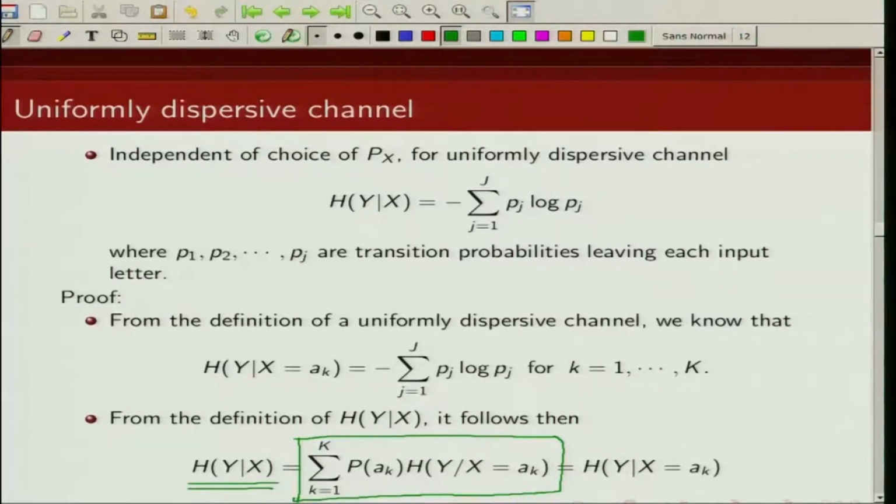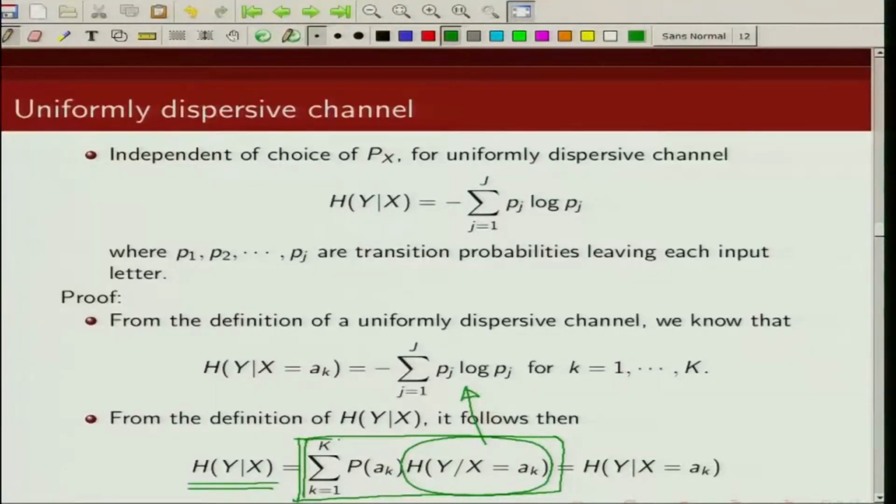Now note, this term, which is given by this expression, is same for all inputs for a uniformly dispersive channel. So you take this out, then you are left with summation of p of ak over all k's. That summation is 1.